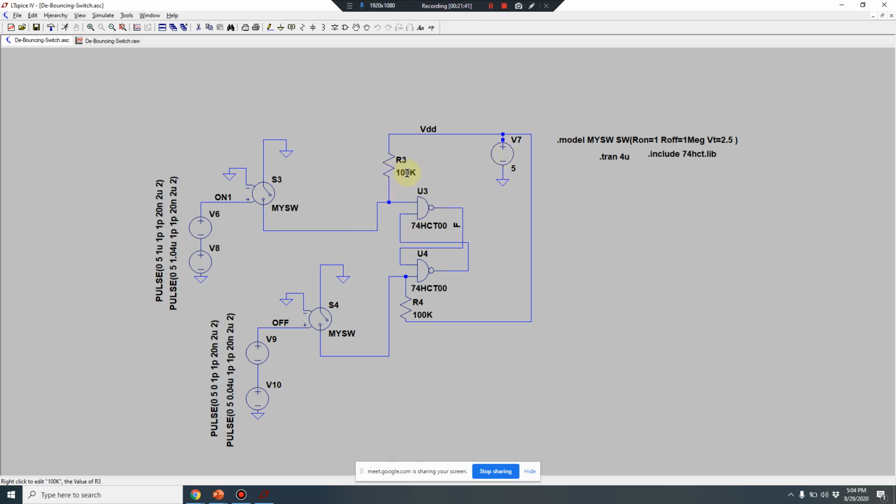To avoid that short circuit, this 100k is put here. Is it clear till here? What is the purpose of the 100k? Yeah, so this is a resistor which will avoid 5 volts getting grounded to 0.